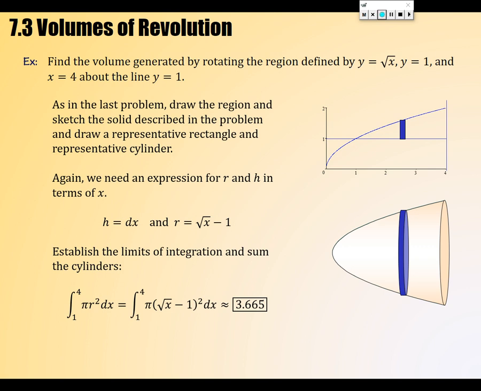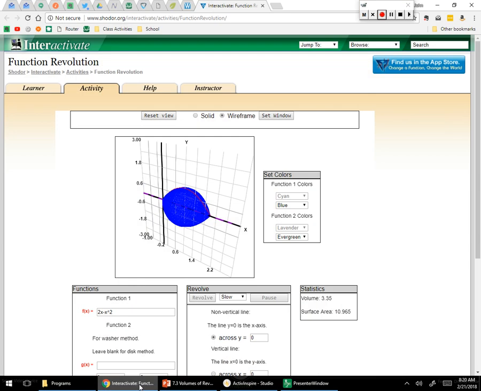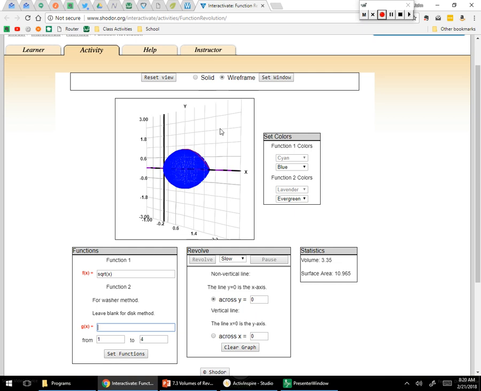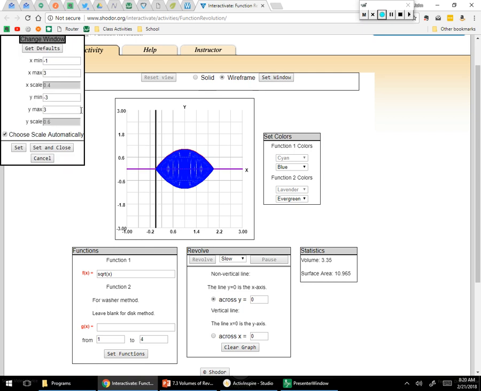So I think it might be good right now to fire up that other applet again. Let's go back here and plug this one in. We don't have to go back and do the last one maybe, but I think it might be good because some of you are having trouble visualizing this. So square root of x, we're doing from 1 to 4 here. We should set the window to -1 to 5 maybe.